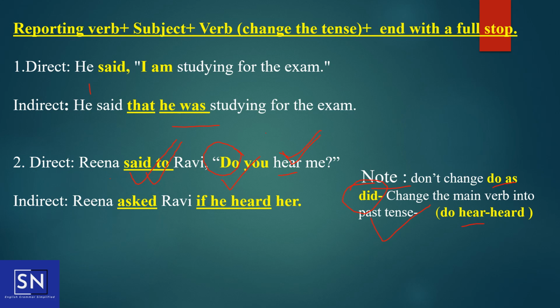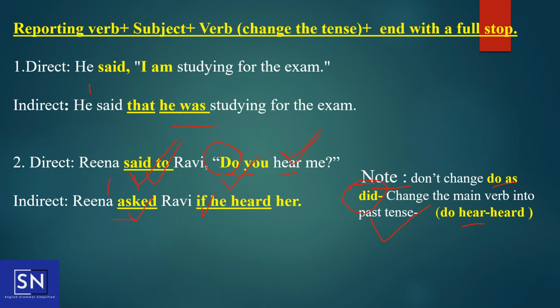So now, Reena said to will change to asked because it is an interrogative sentence. Reena asked Ravi. We used if here because it is a yes or no question. How will you identify that it is a yes or no question? It begins with helping verbs.